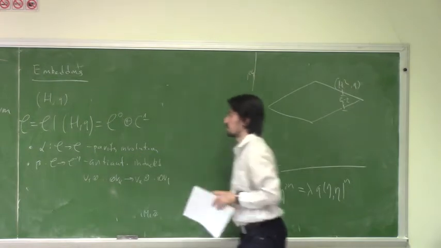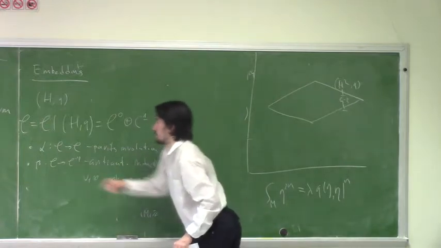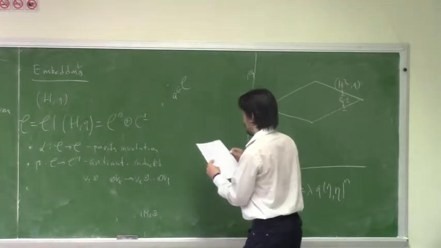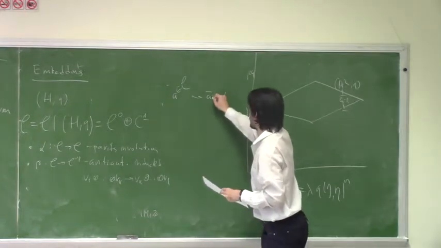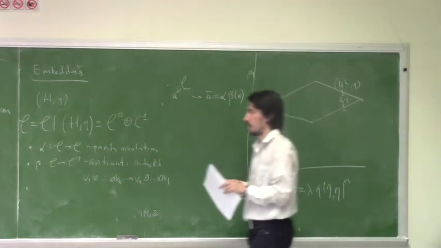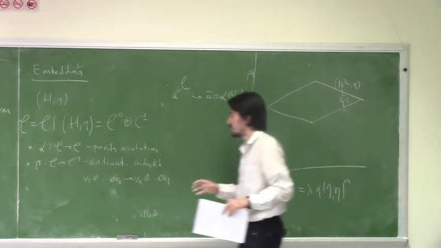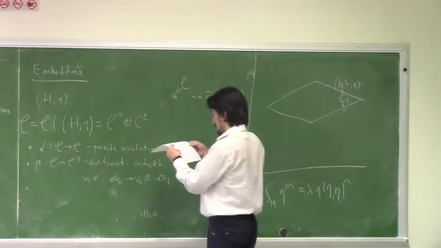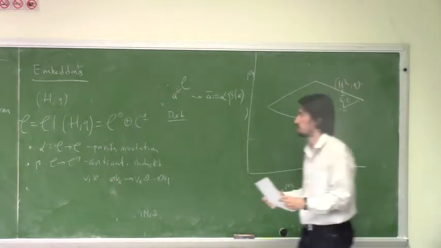So we just change the order. This operation induces an anti-automorphism of the Clifford algebra. And for any a from C, we can define a bar, which is by definition alpha of beta of a. Yes, it's the standard one.